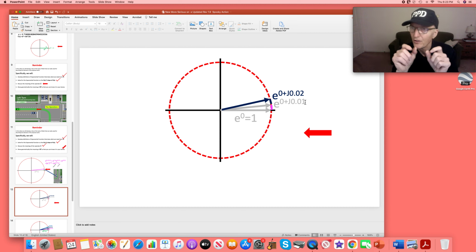So you're adding two exponents, which means you're multiplying it. So you're doing it again. To get to e to the j 0.02, all you do is take e to the 0 plus j 0.01, and multiply it by another one of those. And then you get 2.